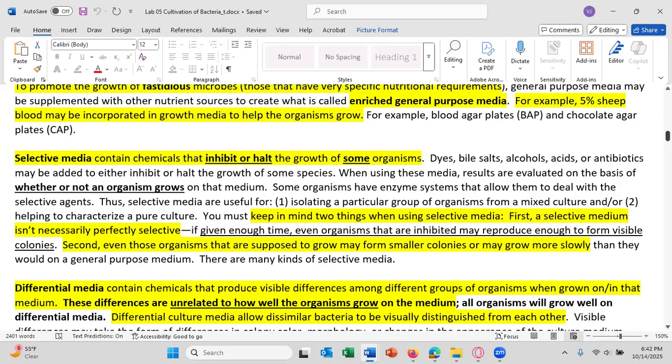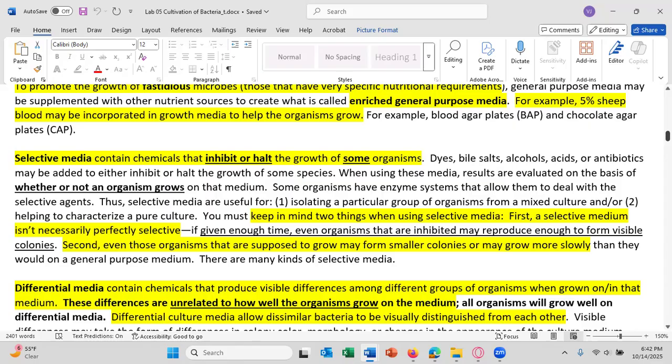And in this book, on each page, we have one media. That's a lot of pages of media, and that's how many different media we have in microbiology that a microbiologist may use.